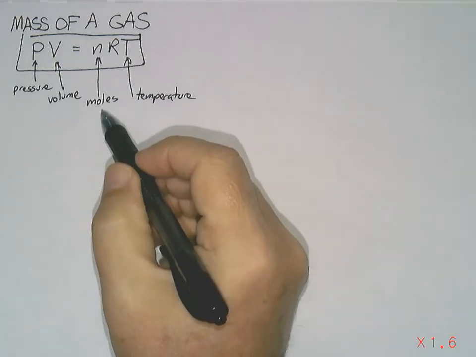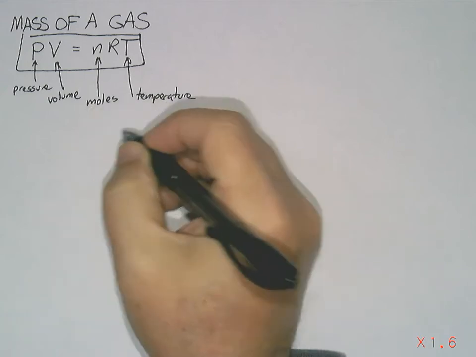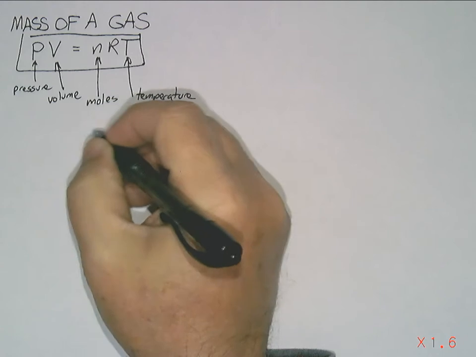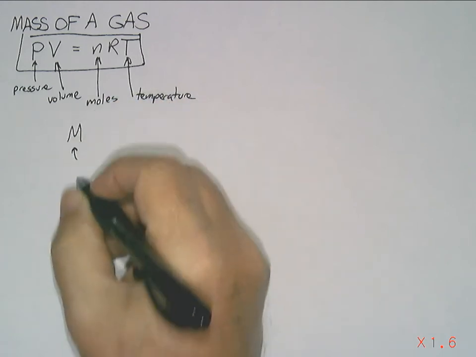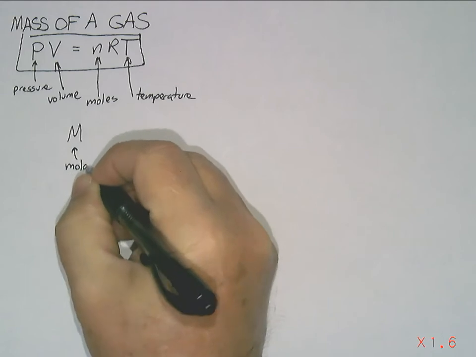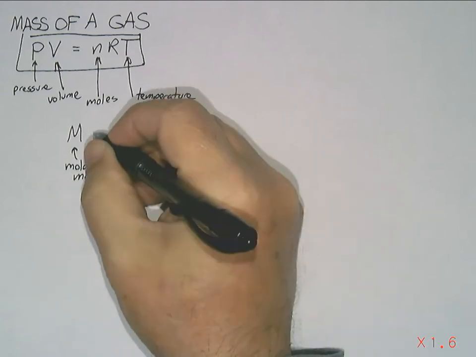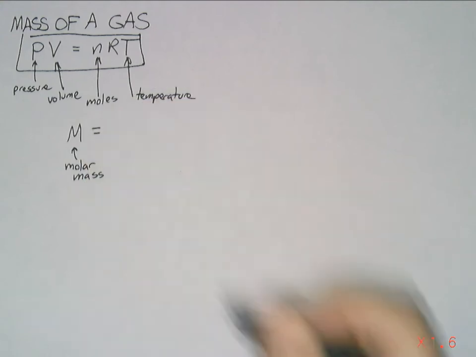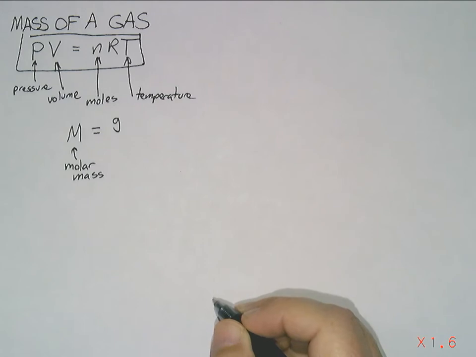Well, we can do it through moles. Now, I'm going to introduce a little equation here. I'm going to call capital M the molar mass of the gas. And if I want to write the molar mass, it's how many grams you have, and I'm going to call that G for grams.